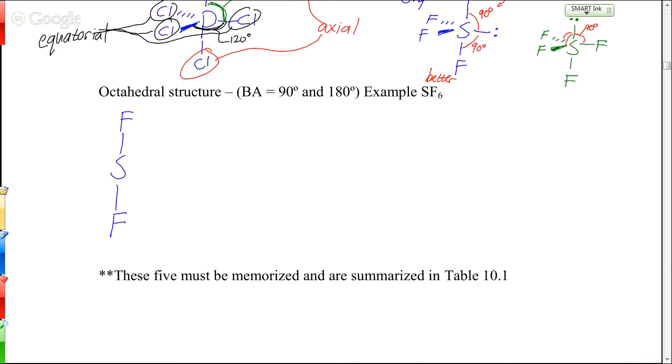has, again, axial and equatorial type bonds, but actually in an octahedral structure, they're all the same. So it's often written like this. We could also use our dash and wedge notation to show that these two are actually coming out at us and those two are going behind.